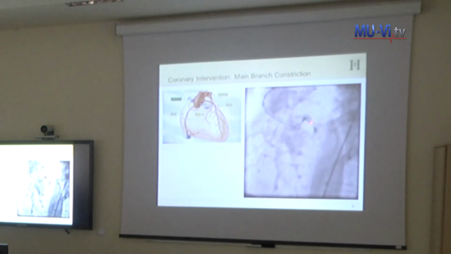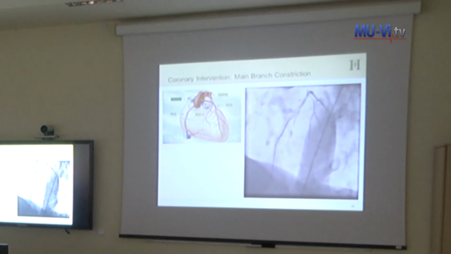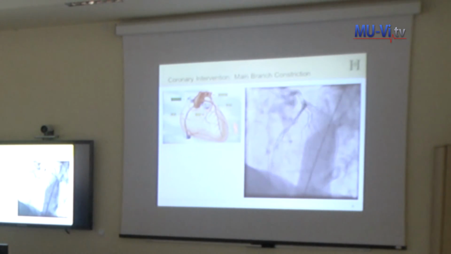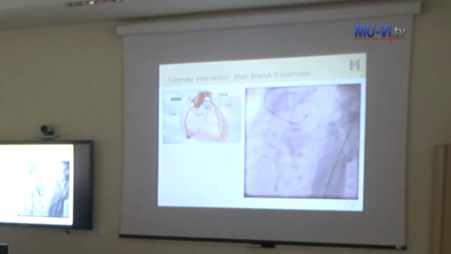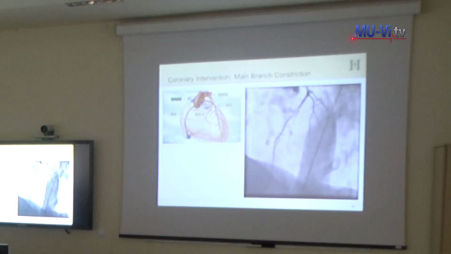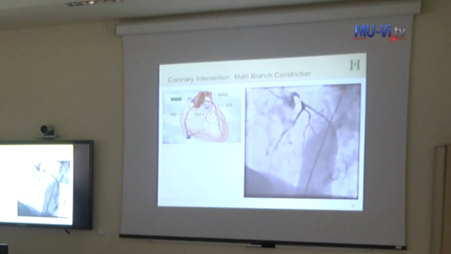And this main branch has a critical stenosis here, and that is very dangerous because the patient gets an infarction. Anterior, LAD, and lateral, RCX, and he goes dead, okay? Normally you do not survive this if you get an infarction.